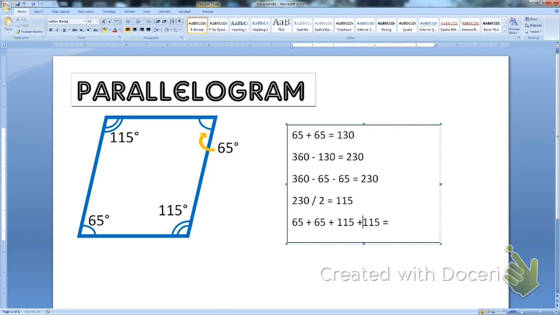What do you think the total should be? It has to do with the sum of the angles in a quadrilateral. It's not 180, that's for triangles. So we want to get 360 degrees when we add all of those numbers up.